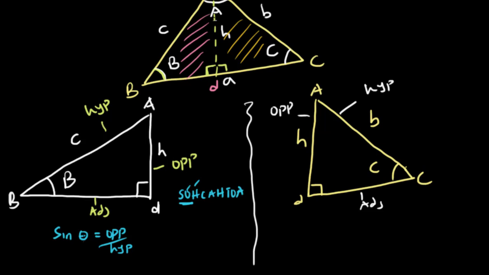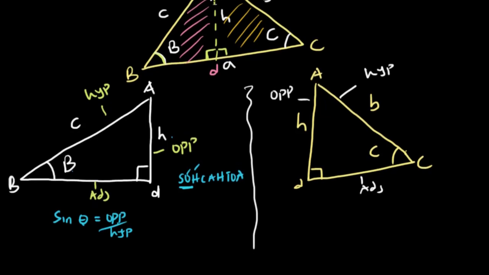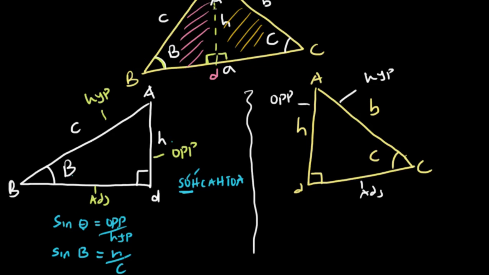Now in this case, our theta, the angle given is B, opposite is H, and hypotenuse is C. So we can slot it into this formula to have sine B equals H over C. Do you understand? Now if we cross multiply, we are going to be having H equals C sine B.